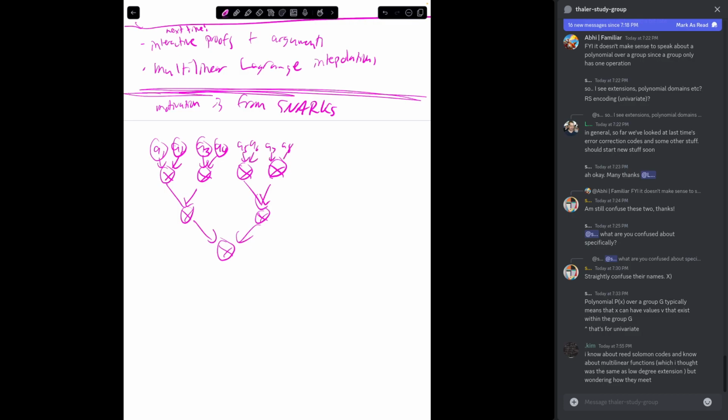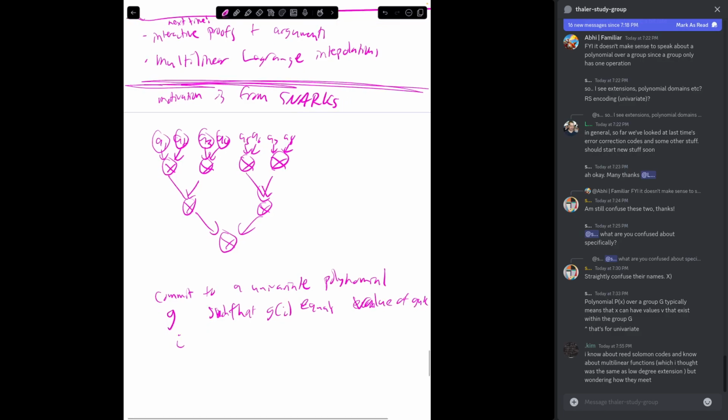I said the very first thing the prover would do in most SNARKs is commit to a univariate polynomial G, such that G of i equals the value of gate i when the circuit is evaluated on these inputs.